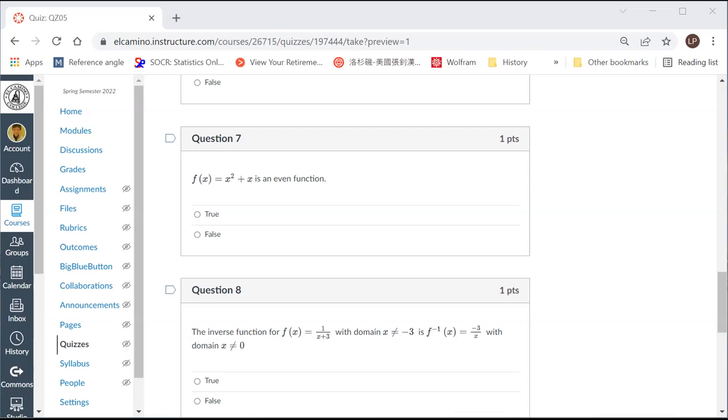The statement says f of x equals x squared plus x is an even function. Is it true?